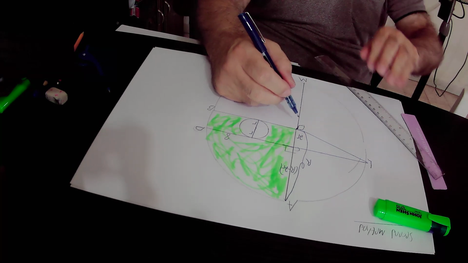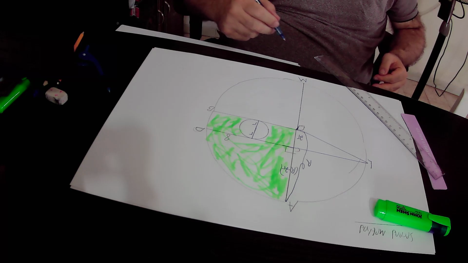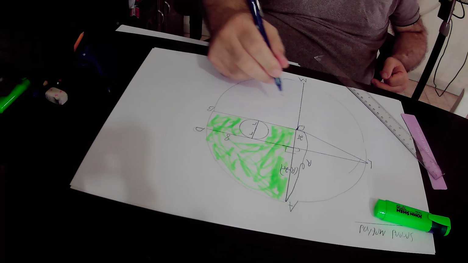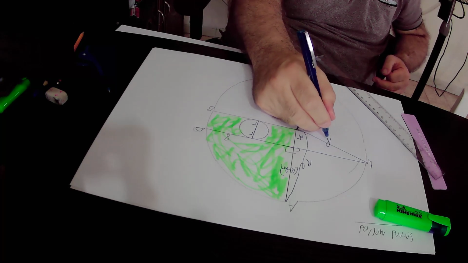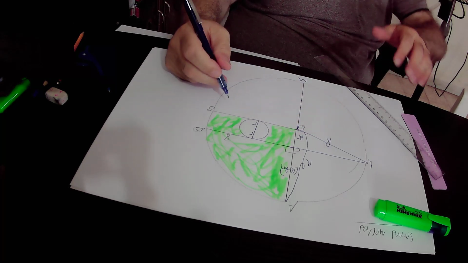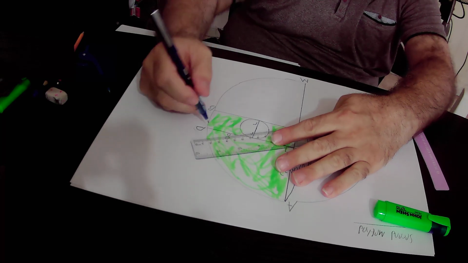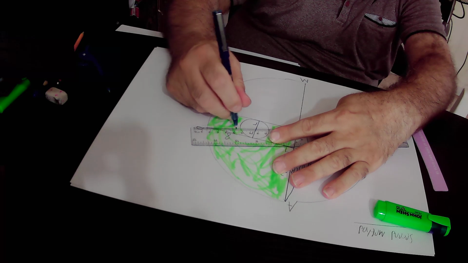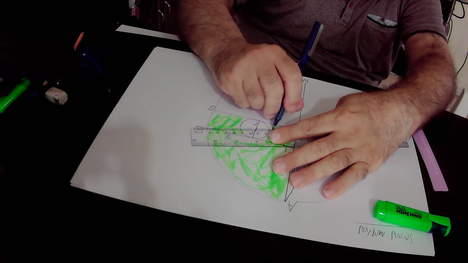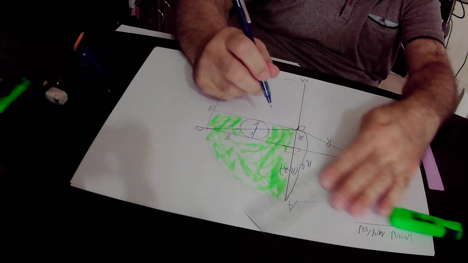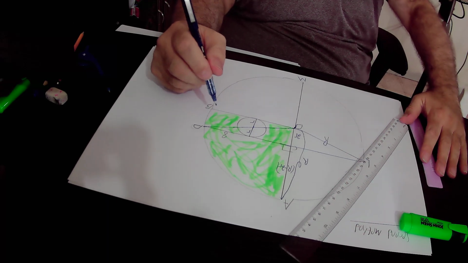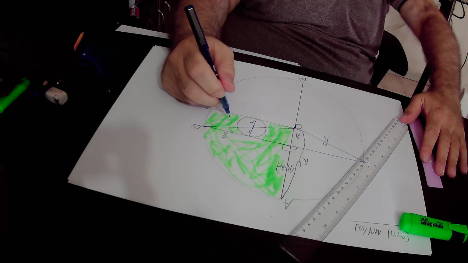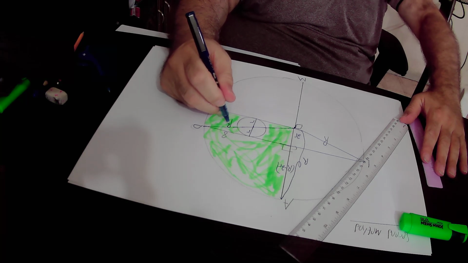Point O is the center of the circle, point L is a point on the circle itself, therefore OL is the radius of the circle that is equal to capital R. We join points O and D together by a straight line. Again, point O is the center of the circle, point D is a point on the circle itself, therefore OD is the radius of the circle that is equal to capital R.